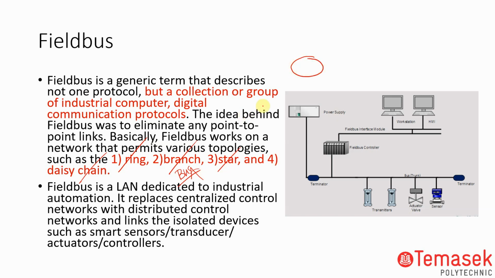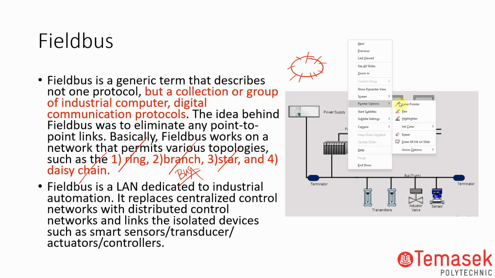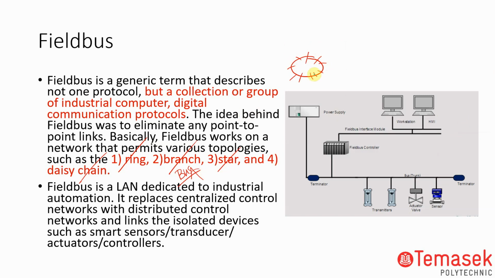Because you want the device to run a ring in case any connection drops. Let's say, let's change the color to blue, and let's say this connection is dropped here. So it's still possible to communicate this way and communicate this way.